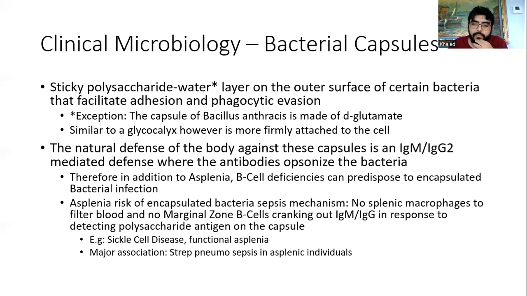There is an unfortunate correlation between Streptococcus pneumoniae-caused sepsis and asplenic individuals with sickle cell. Strep pneumo is a very prevalent encapsulated gram-positive organism. But that's just the thing to get straight: no splenic macrophages to filter the blood, and no marginal zone B cells means decreased immunity in the blood.